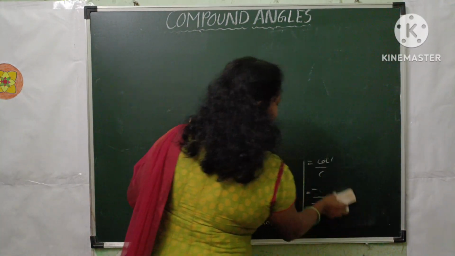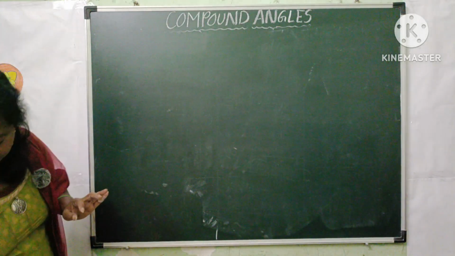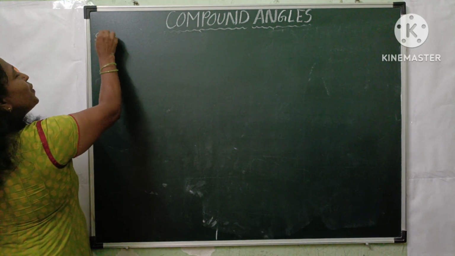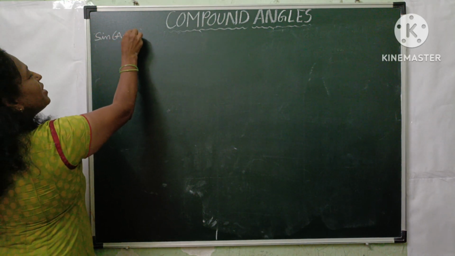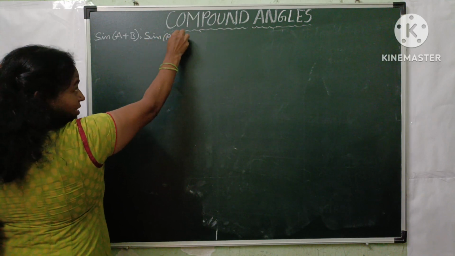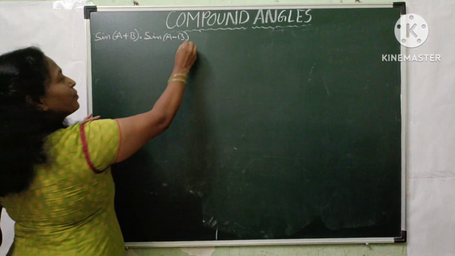Not completed. Three more formulas are there. Next one is sin(a plus b) into sin(a minus b). This formula we have to find.